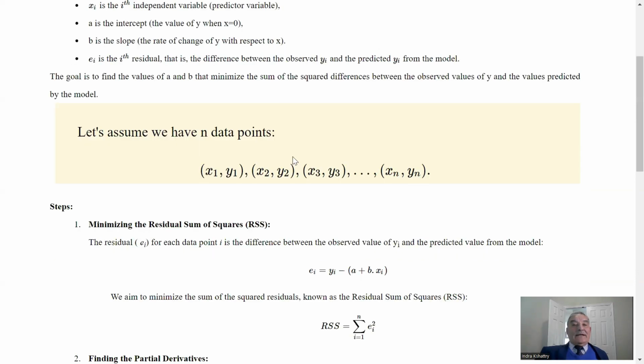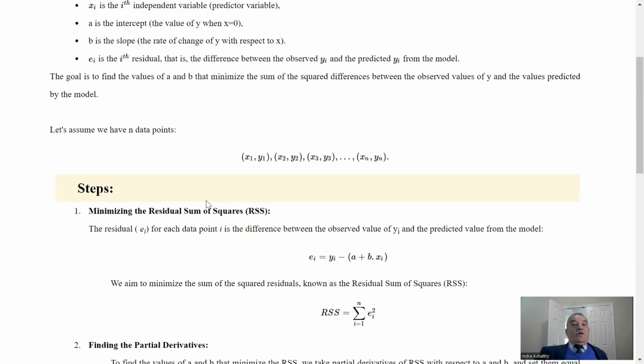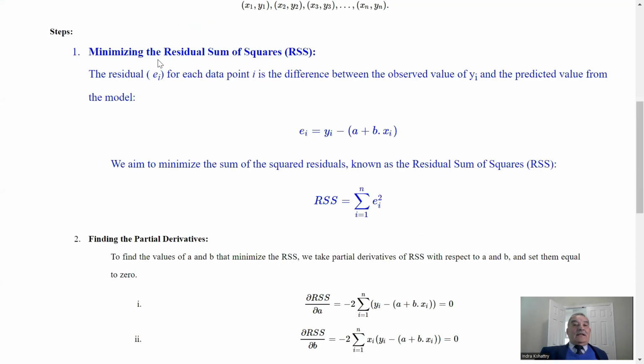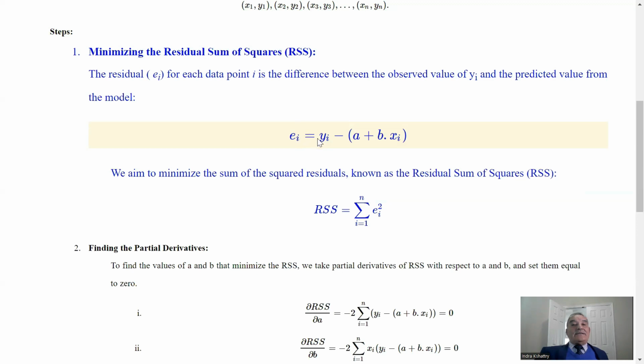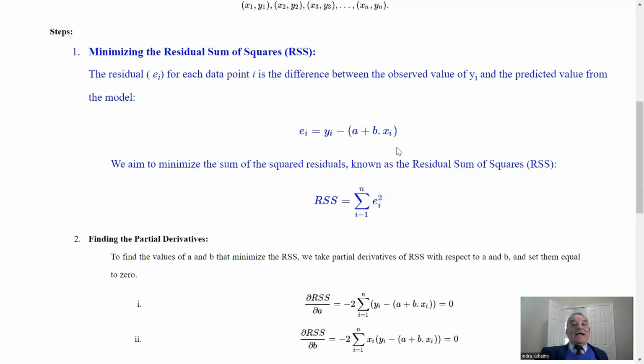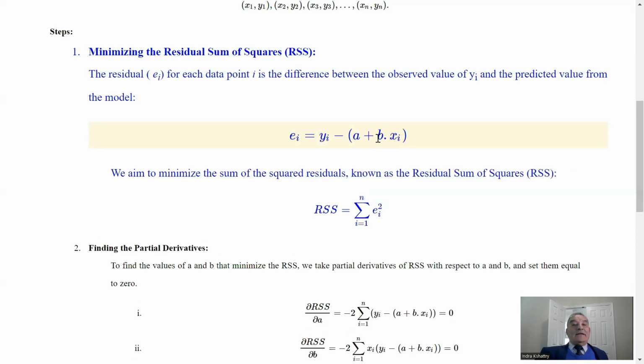Let's assume that we have these n data pairs. The following steps are followed while estimating the parameters using the least squares method. The first step is minimizing the residual sum of squares, where the error or the residual ei is the difference between the observed value yi and this model value.